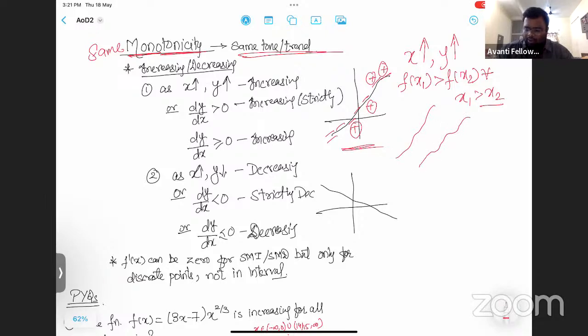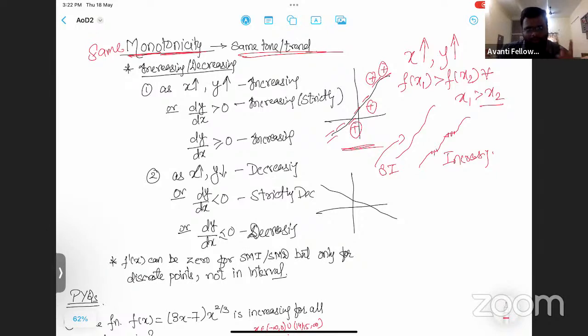If you look at this graph, at no point are two values the same, so this is strictly increasing. In this one, you can see there will be two or three places where the values are the same, and this is called increasing. Mostly they hardly pay attention to this, but if it asks for increasing, we simply go for f'(x) greater than 0.